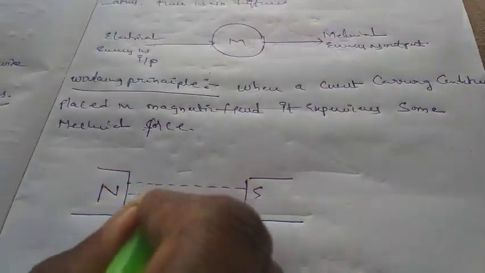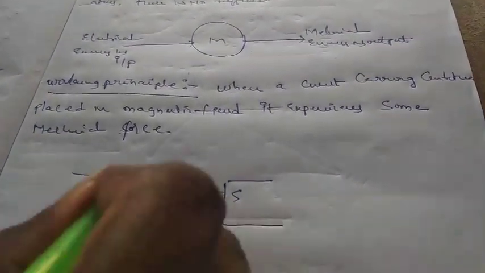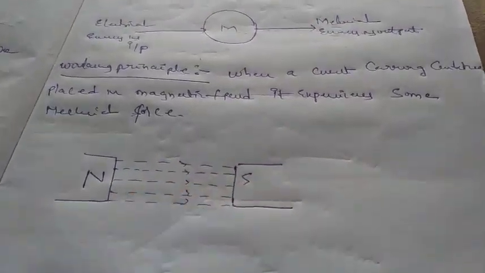The flux lines travel from north to south, so this is the magnetic field.